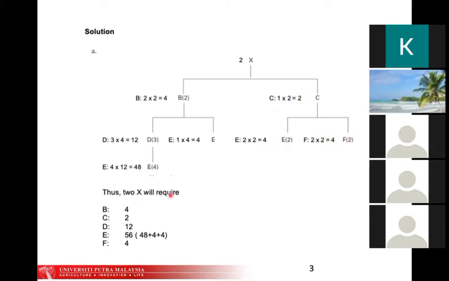And 2X will require 4B, 2C, 12D, and 56E. 56E is from 48 plus 4 plus 4. And F is 4F. Okay, that's all for me, 1A.